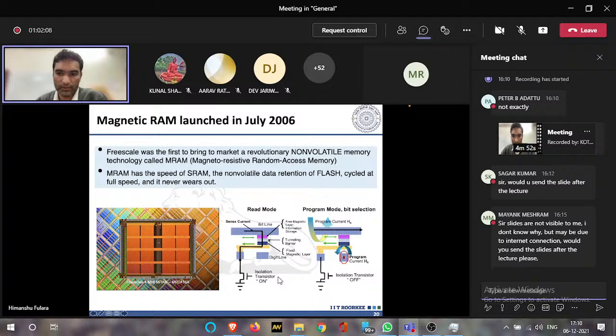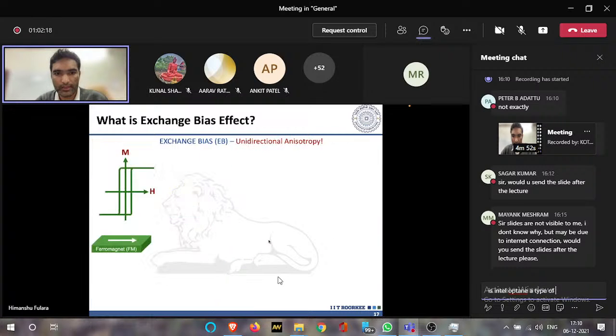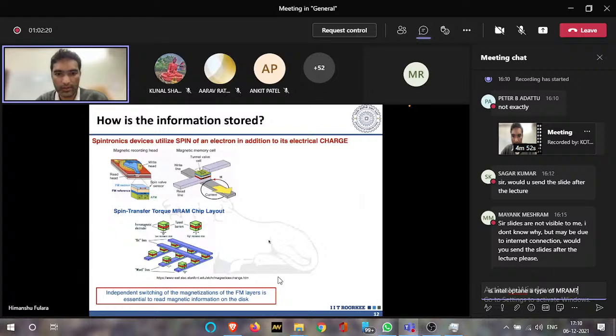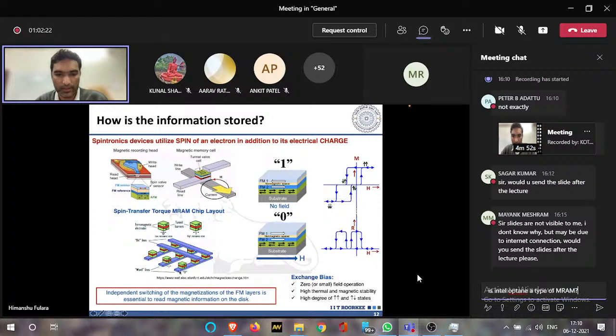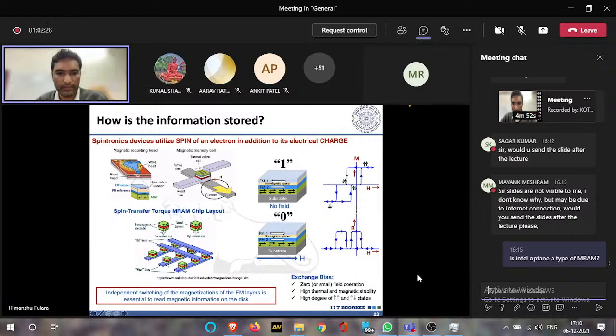And this is the photograph for one particular bit. Otherwise, the actual image looks like this. So there are different bits here, 1 0 1, and these are the bit lines. So this is how the information is read through these tunnel junctions.